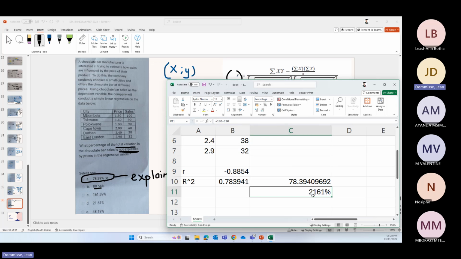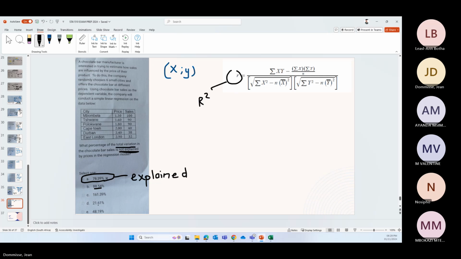Okay, so that's now not the percentage. 21,61. I totally would not have done this in the exam. I would have done just like this one.